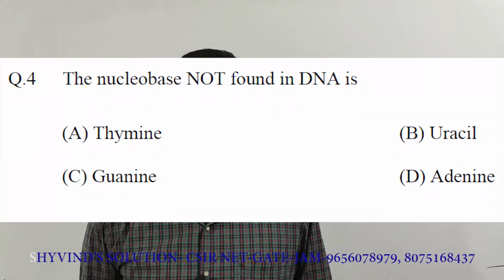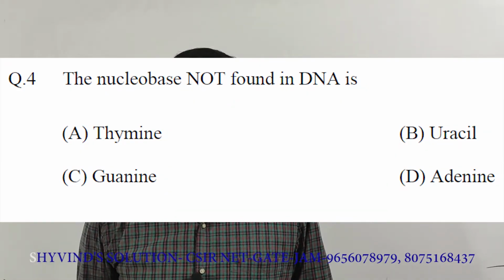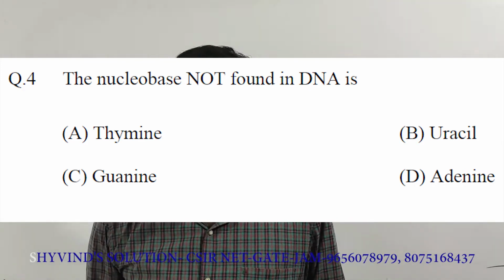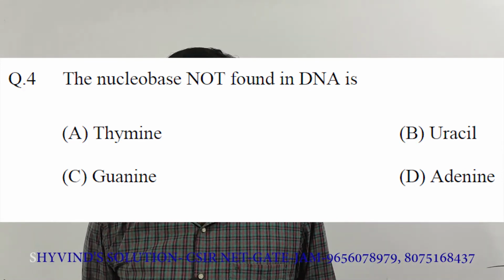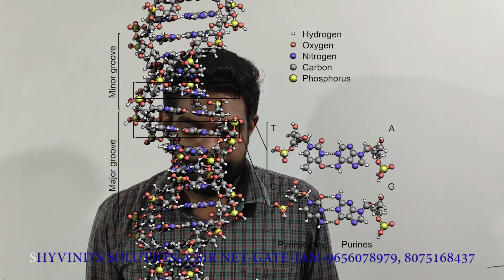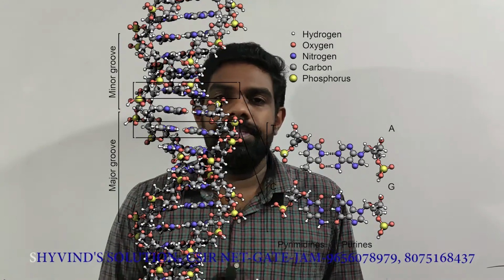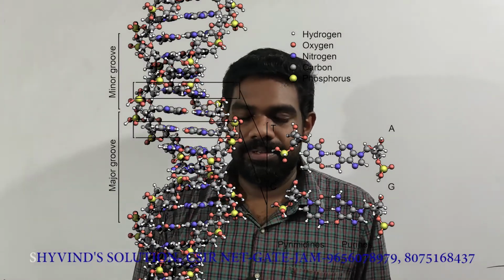Question number 4. The nucleobase not found in DNA is thymine, uracil, guanine, adenine. This is the structure of DNA.